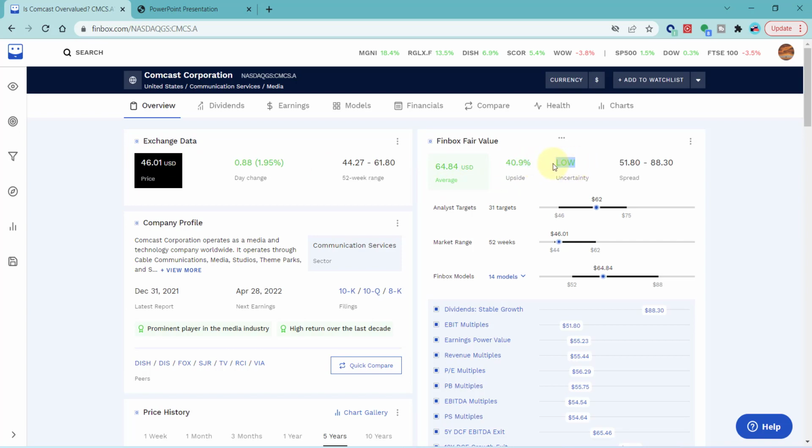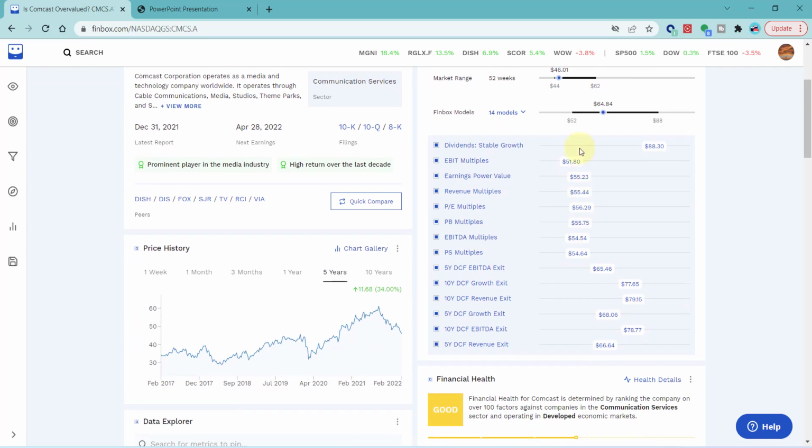They also have this nice uncertainty score: low, medium, high, or very high. This is low, meaning they're fairly confident in the fair value assessment, probably because a lot of these models come out within a tight range. Sometimes you get models that vary widely.